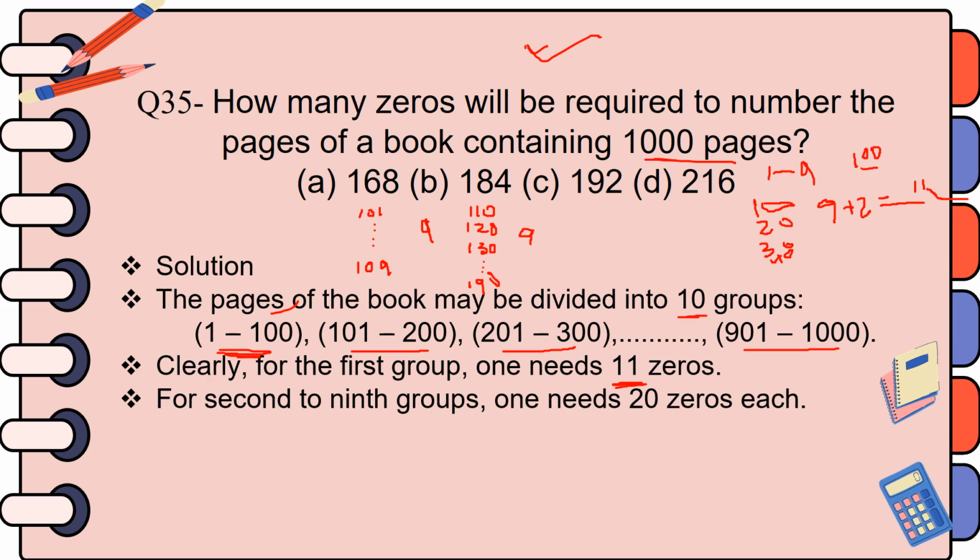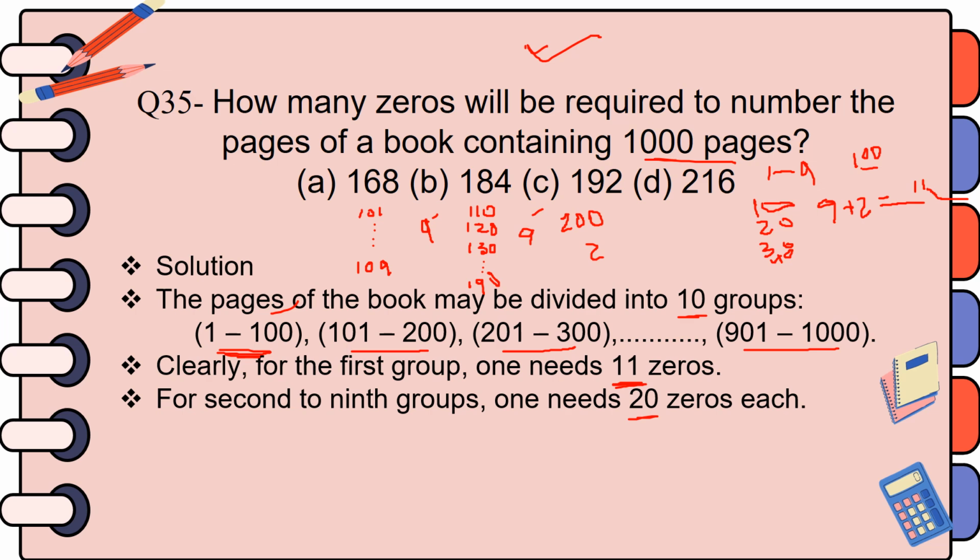Then the next number is 200, and on number 200 we have 2 zeros. So add 9 plus 9 plus 2, you get 20 zeros. From 101 up to 200, there are 20 zeros.